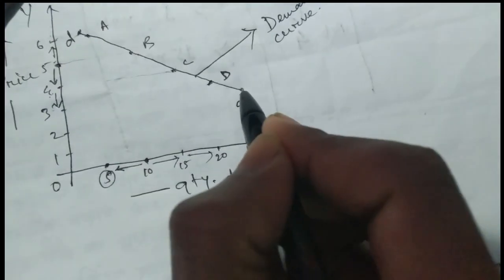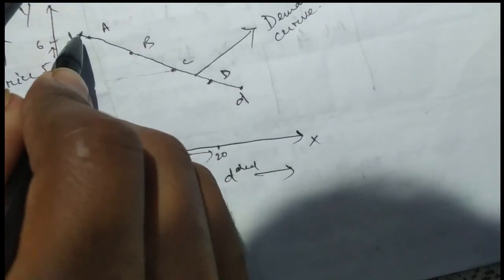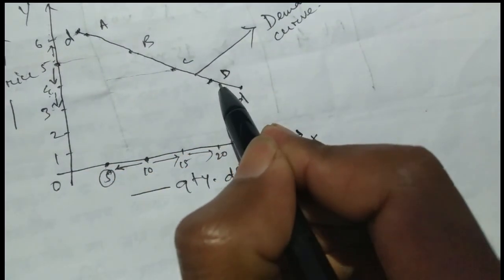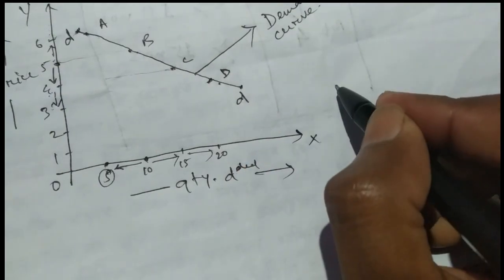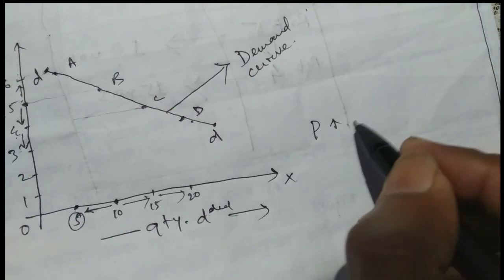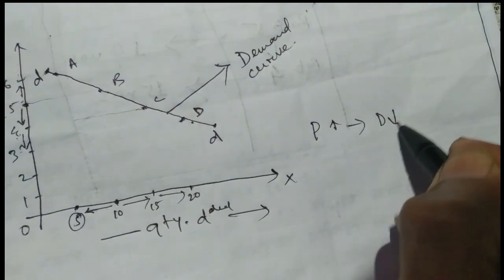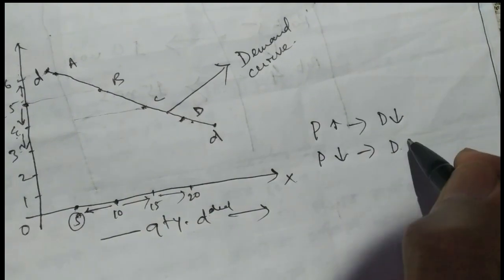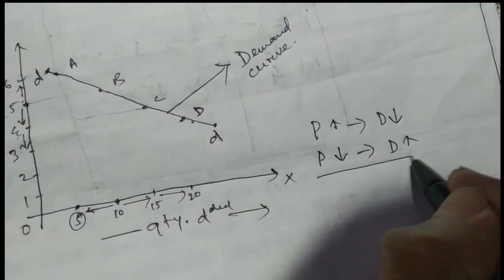Students, this DD curve is downward sloping. Why is this curve downward sloping? Because if price increases, demand decreases, and if price decreases, then demand increases.